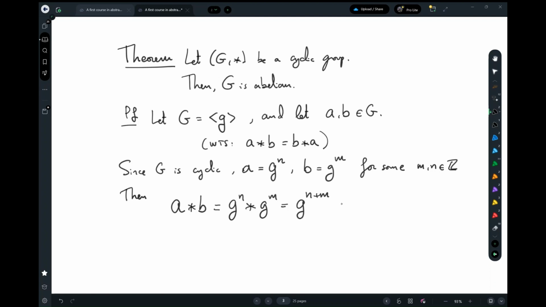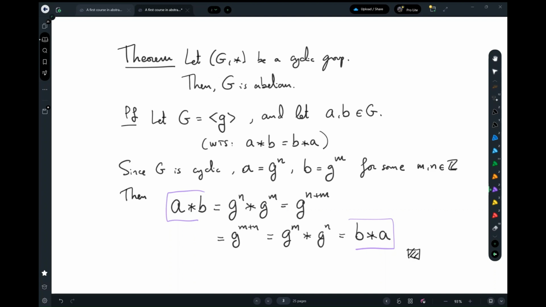So this is the same as g to the m plus n, which would be the same as if I do g to the m star g to the n, and that is by definition b star a. And therefore, we have what we wanted, because a star b is the same as b star a, and everything commutes. Very good.